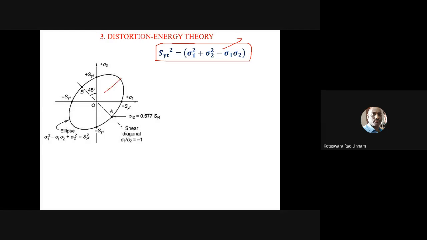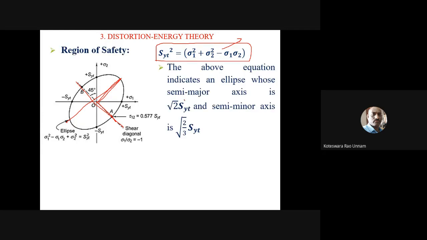This ellipse has a major axis and a minor axis, and their dimensions are given like this. This is the semi-major axis dimension, and this value is the semi-minor axis. So the shape of the curve for the distortion energy theory is elliptical, as you can see here.